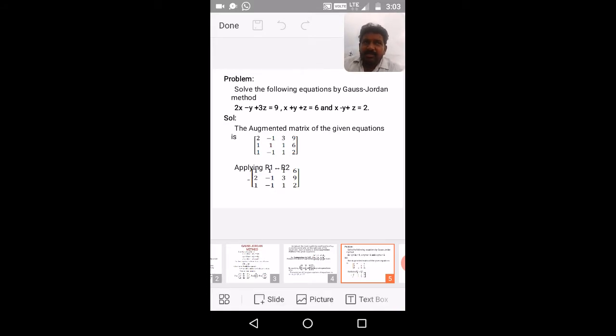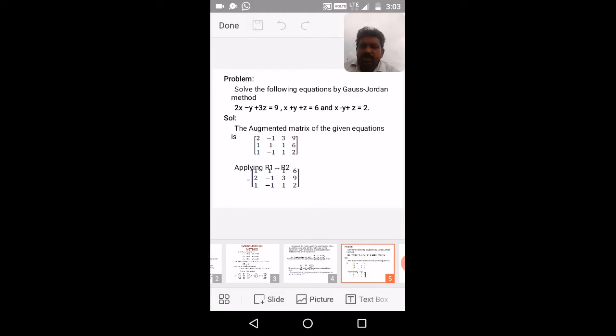By selecting proper row operations for this augmented matrix, you have to reduce this matrix finally to a fixed form like 1 0 0 alpha, 0 1 0 beta, 0 0 1 gamma. Okay, then finally the fourth column which remains is called the solution of the system.